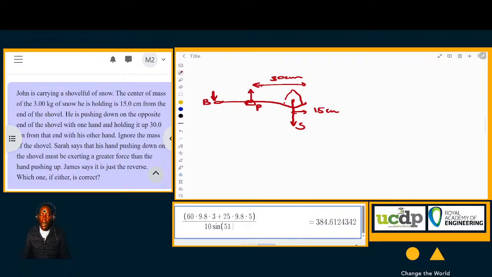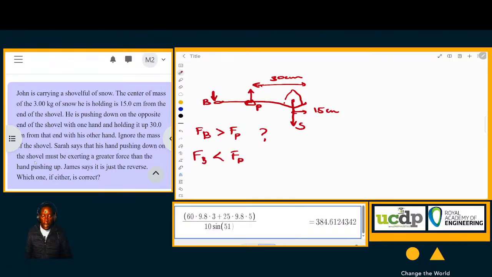Sarah says that his hand pushing down on the shovel must be exerting a greater force than the hand pushing up. So this is force from the hand, force up. Sarah says force B is greater than force P. Whereas James says it is just the reverse: FB is less than FP.